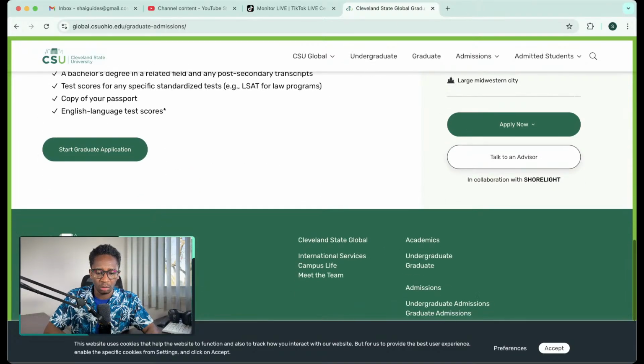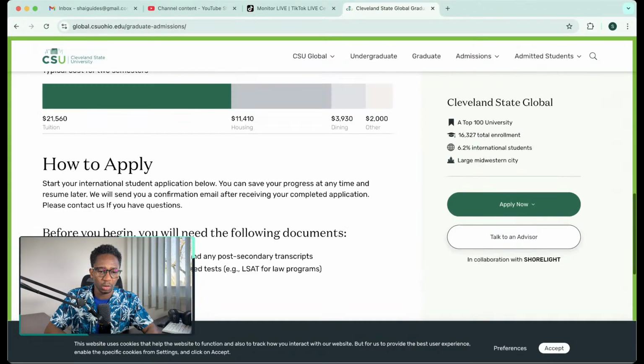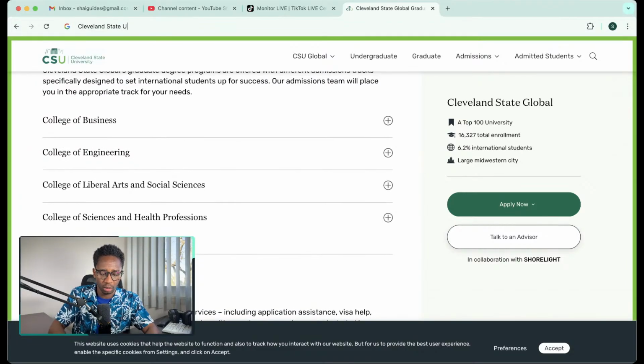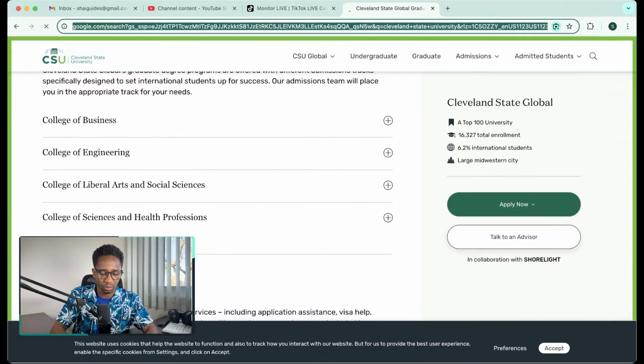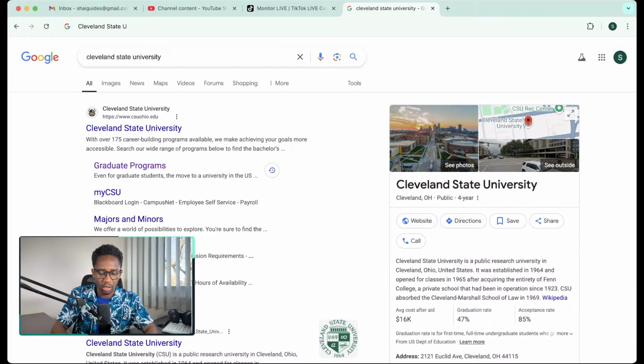If you want, we can just type Cleveland State University. What am I doing? Cleveland State University. I hope I'm not going too fast, because sometimes, you know, I might be going too fast without even realizing it. Let's say graduates, assistantship, right?